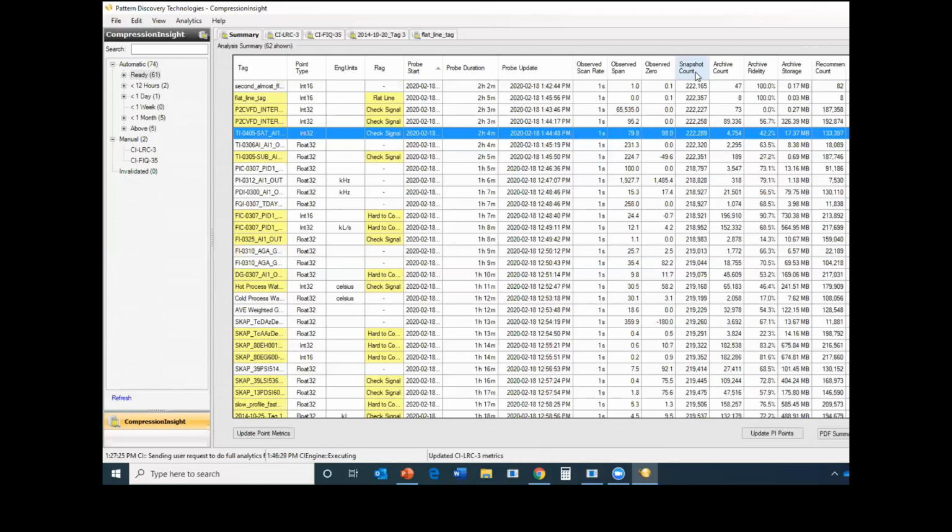Or it's significantly different than what I was expecting, and maybe somebody should have a look at this particular tag and see what's happening at the interface. In a real world case where you're doing thousands of tags, some of this information becomes extremely valuable for fine-tuning the tags, either in the archive or considering what needs to be done outside the PI archive.